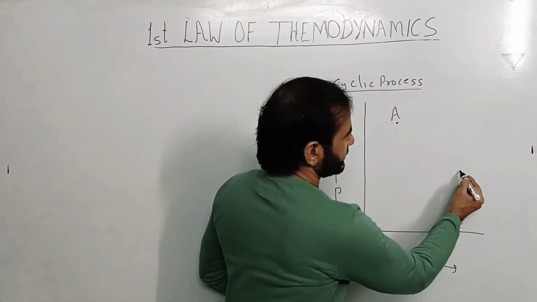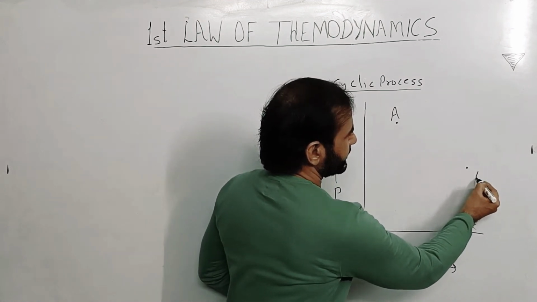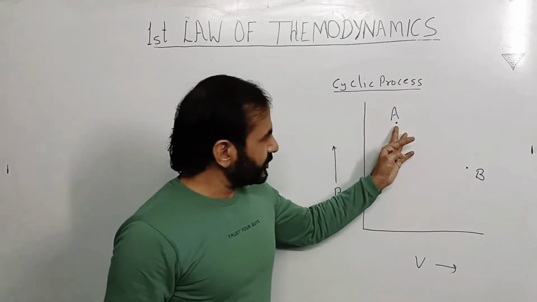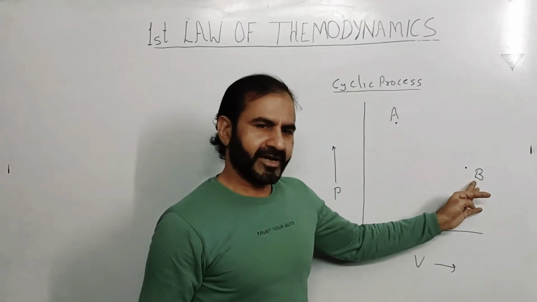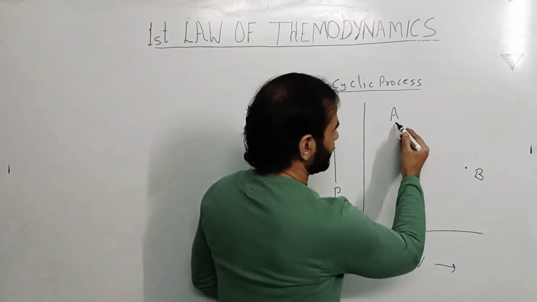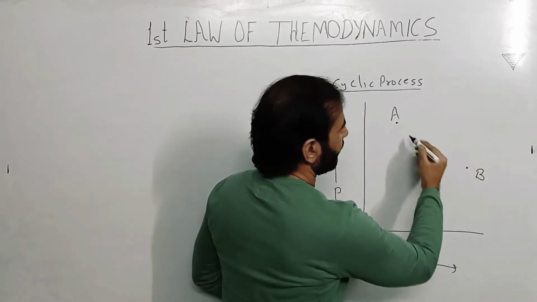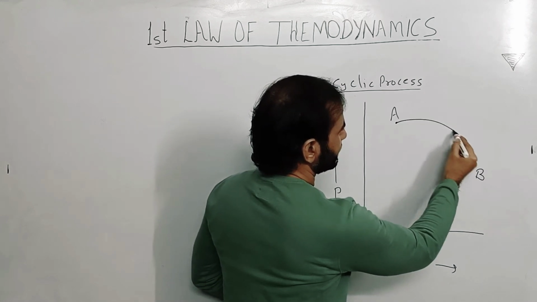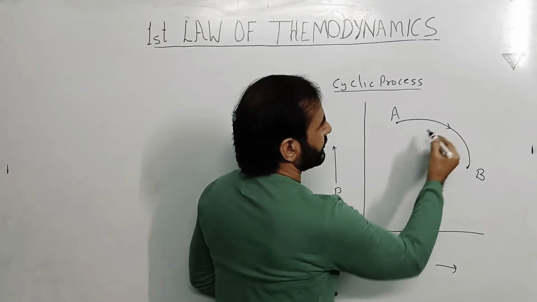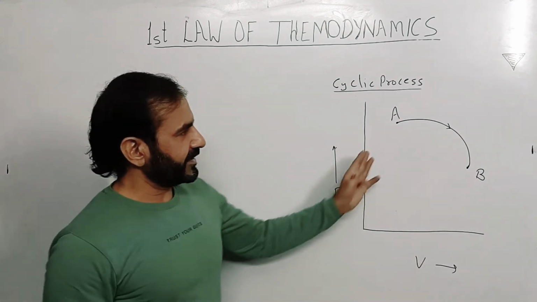Suppose it is in another thermodynamic state B. This system can go from state A to B via any path, say by this way, A to B.